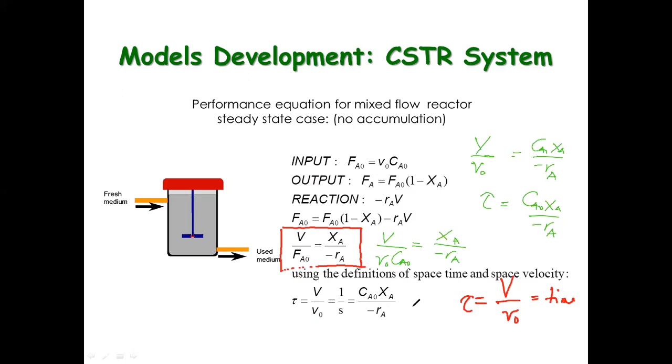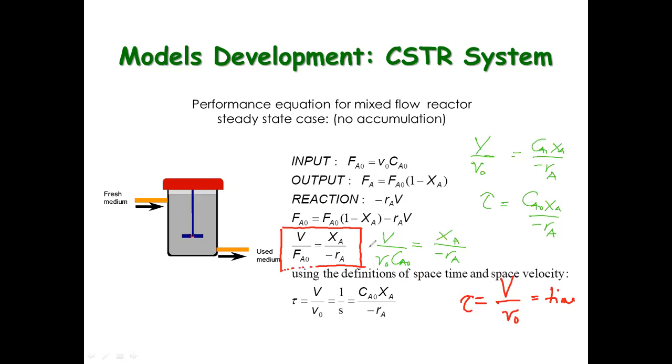Why? Because there's no need for them to deal with the differential equation. If you are asked for the time to process a particular reactor volume based on conversion, this is the formula. But if you want a generic formula where you can derive the rest of the requirements in the problem for a CSTR, that formula would be this. This is the performance equation for a CSTR.